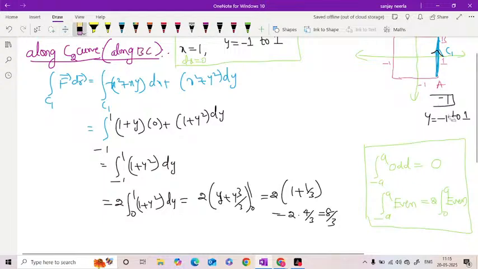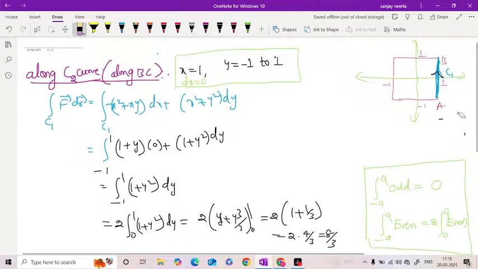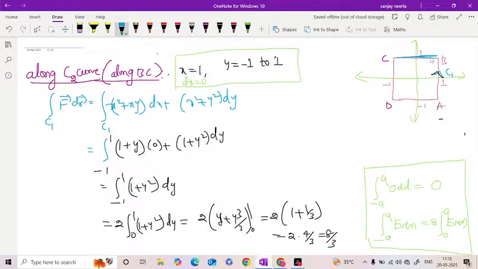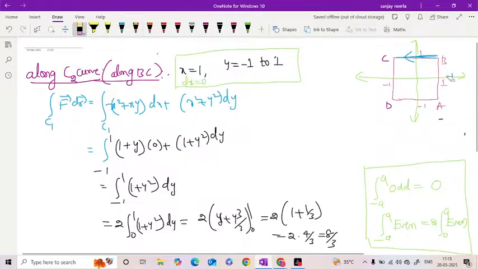In this diagram, now B to C. So assume this is C and D. So B to C, this is the path. This is the B to C path. That is the C2 path.